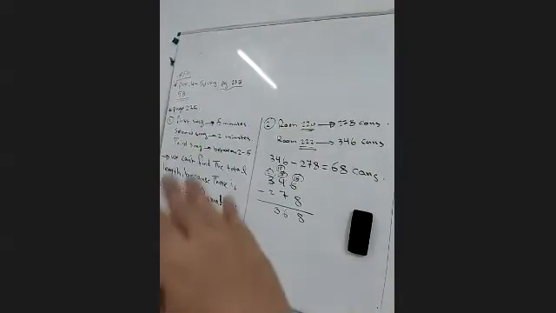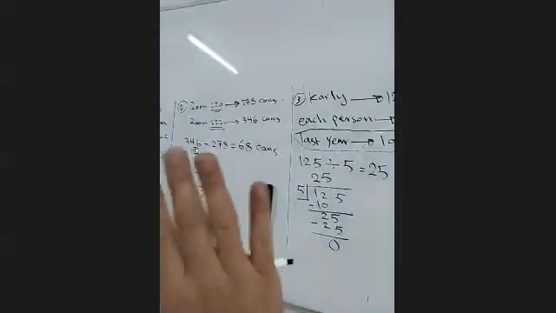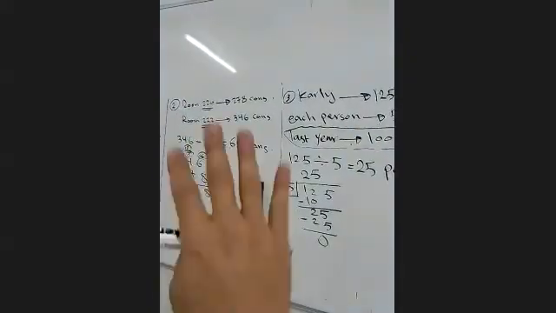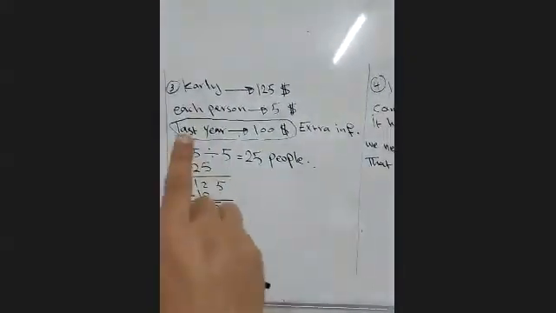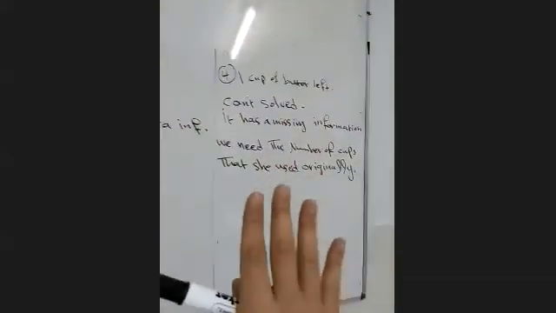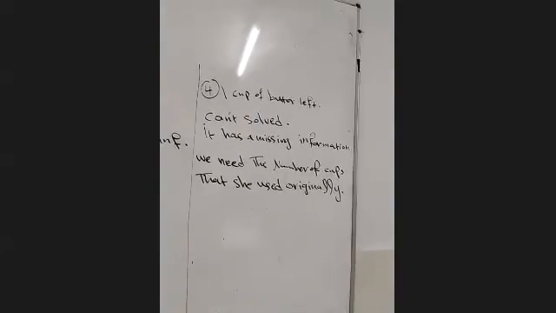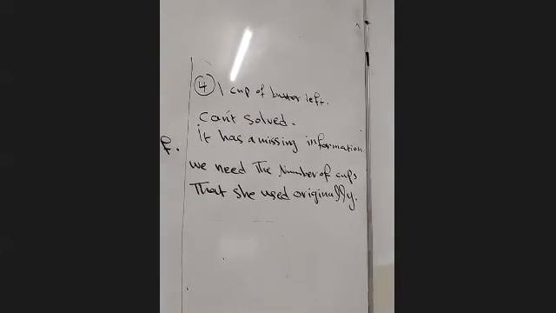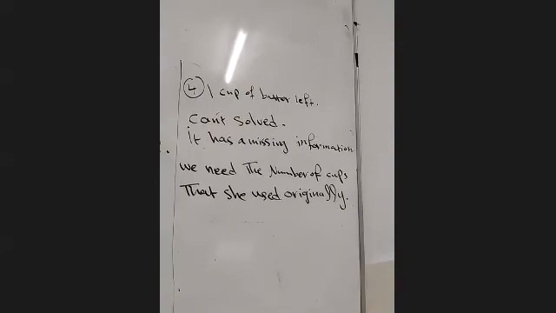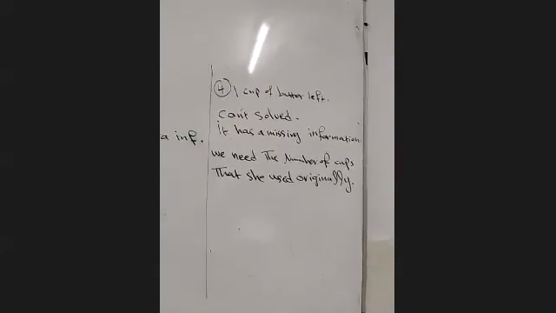In question 2, it has all the enough information, so we solved it. In question 3, we have extra information, so we solved it. And in question 4, we have missing information, which is the number of cups that she used originally before she made the pancakes.